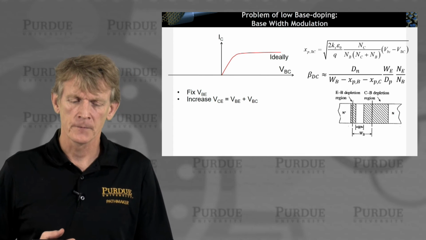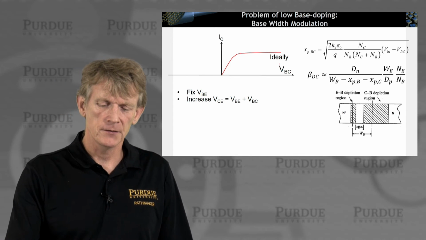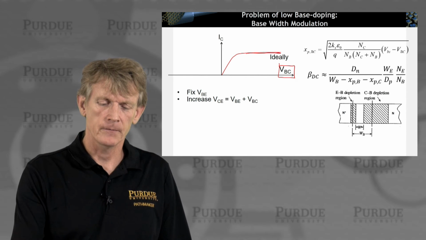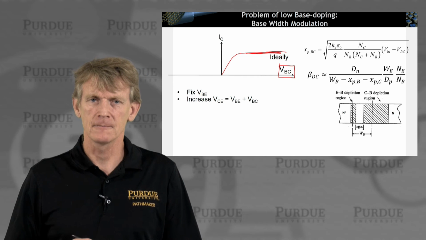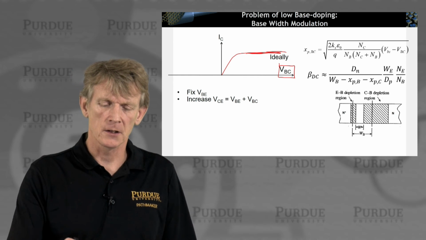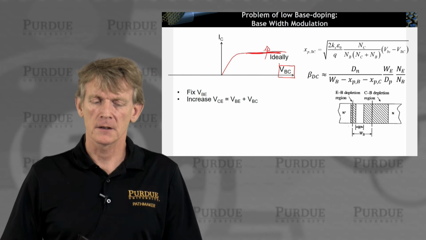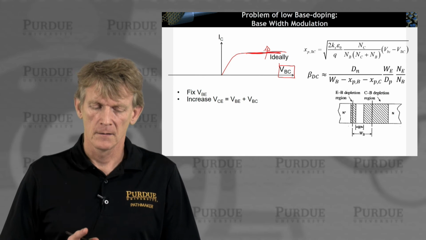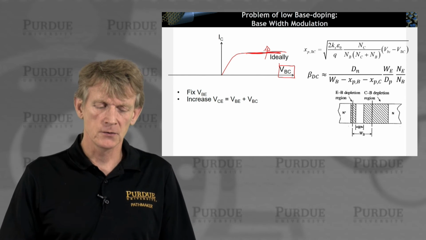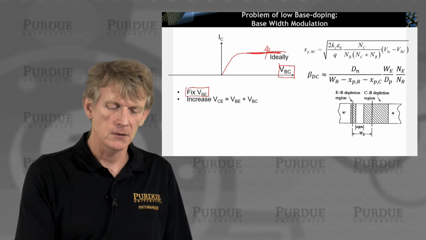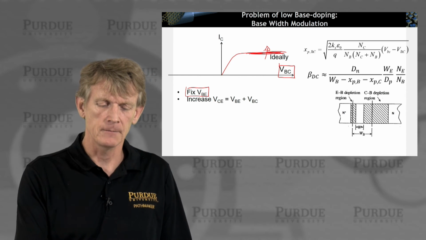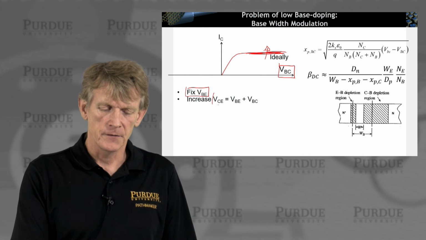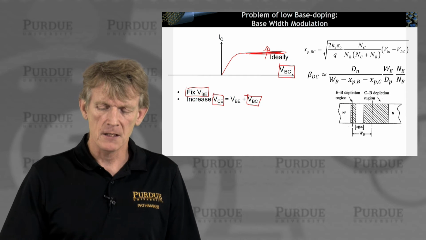So ideally, as you increase your base collector voltage, eventually your current should saturate. Okay? You get all the current you can get, and you modulate the current here with a base current. But let's assume you fix the base emitter voltage, so you're running on this line, which means now when you increase the VCE, you also increase VBC.